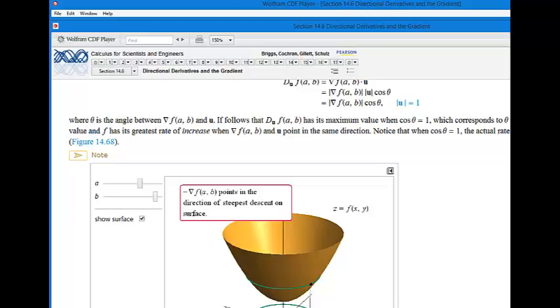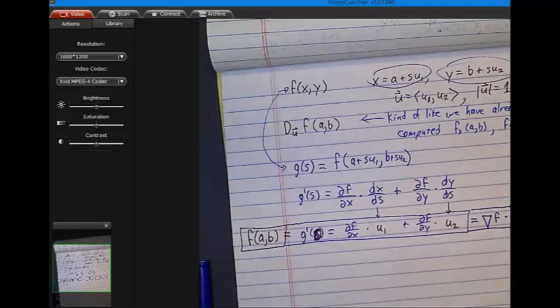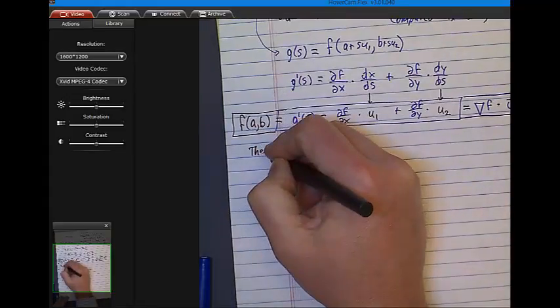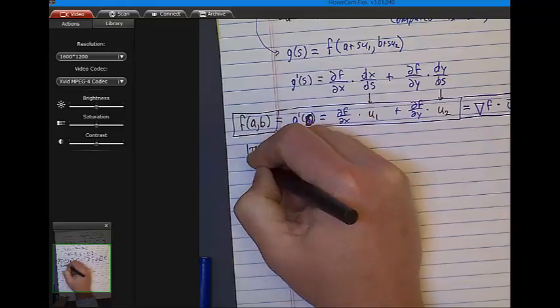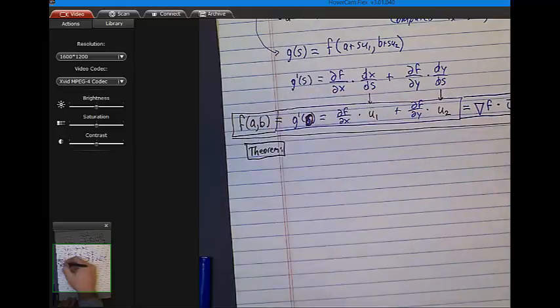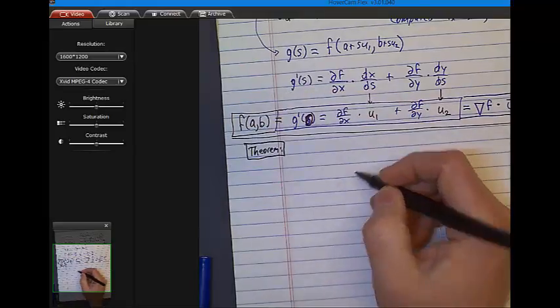Why is that? Or another way to say it, let me word it this way. Theorem. A theorem is something we can prove. We being the world, not necessarily you and I. All right? But this one we can do.